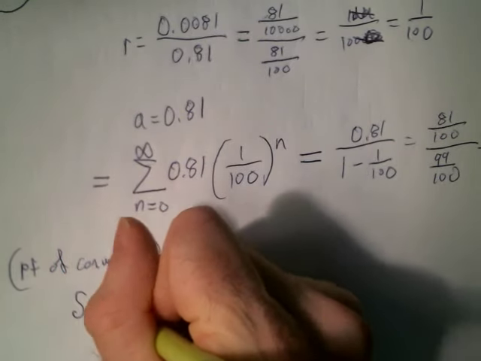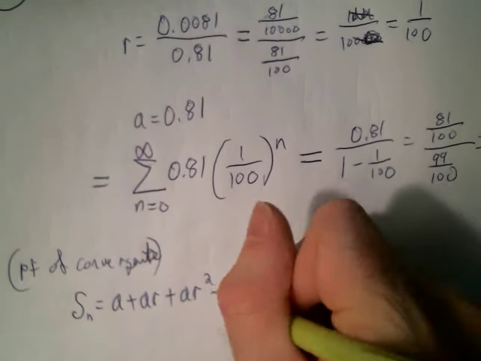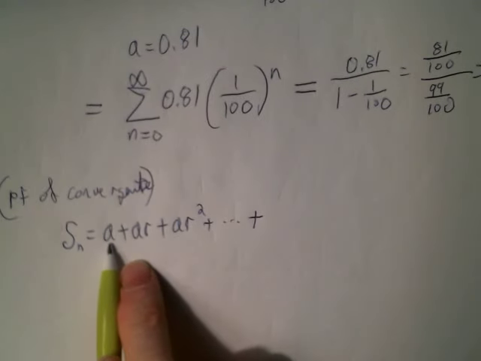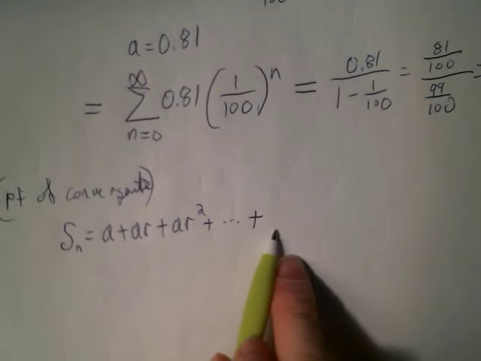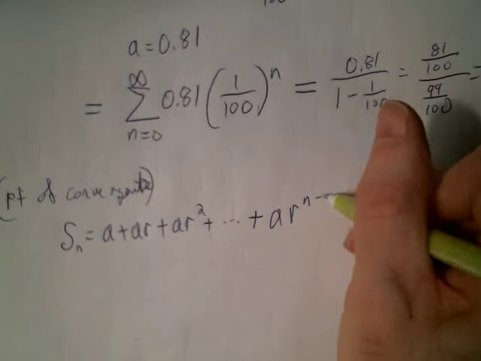So S sub n will be a plus ar plus ar squared plus dot dot dot plus, if this is our 0th term, the last term will be the n minus first term. Okay, so the last term will be ar to the n minus 1.